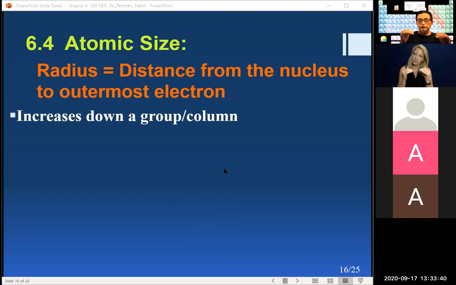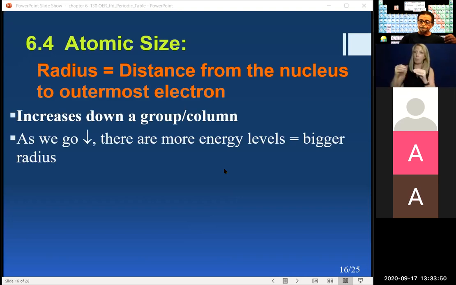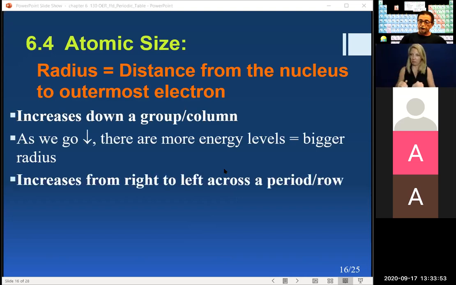As we go down the group, or down the column, the radius increases. That's because we go into a different shell, a different energy level. So we get bigger energy levels, bigger radius. Now, the troubling part is this: as we go across the periodic table, whichever way you want to go, either left to right or right to left.